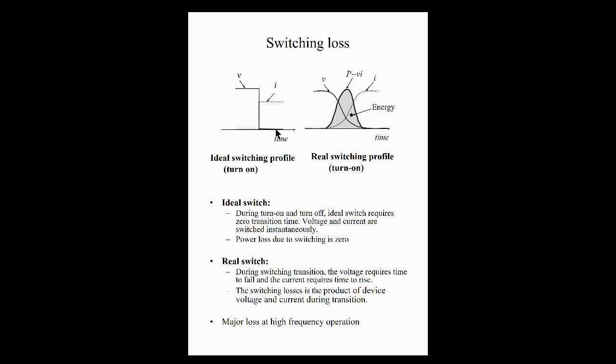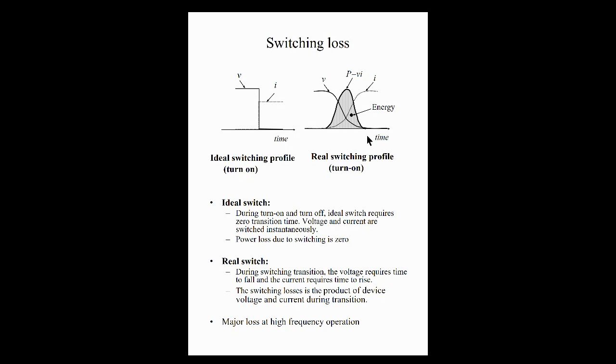When the device is turned off, we don't have any current flowing through the device, as is shown in the graph here. However, when it switches on, the voltage drops to 0, and in this case it's instantaneous. However, we have our current that will be flowing. So this ideal profile is showing us an instantaneous transition between the on and off switches.